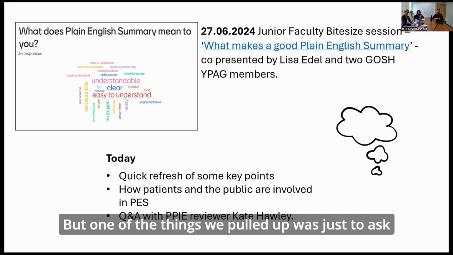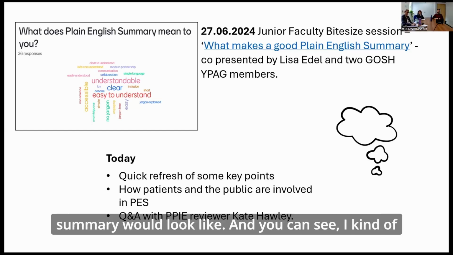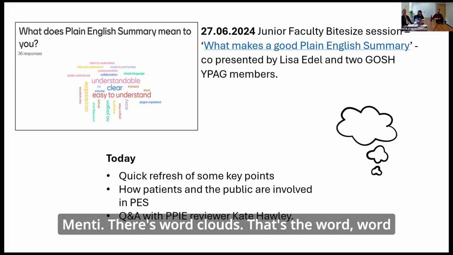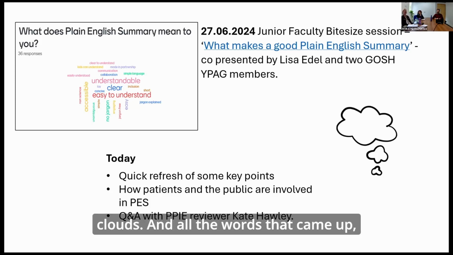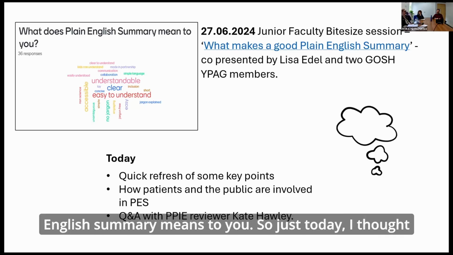One of the things we did was ask people what they thought a good plain English summary would look like. You can see the word clouds, that's the word, with all the words that came up, which we were pleased to see, of what you thought a good plain English summary means to you.